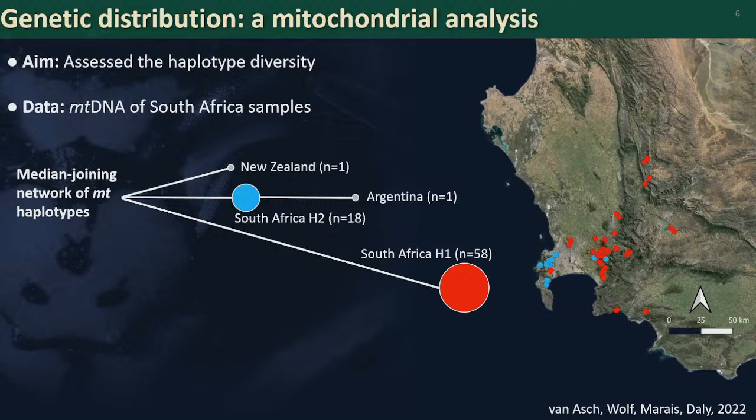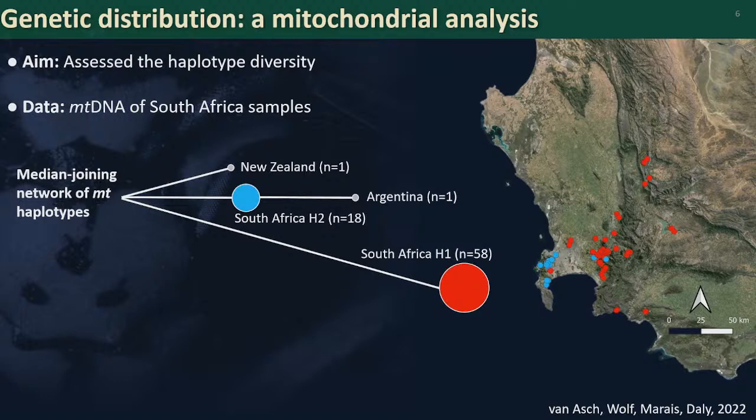The principle of a haplotype network is to visualize identical sequences and to understand the relationships between the sequences. The identical sequences are called haplotypes. Here we can see that there are two haplotypes in South Africa.